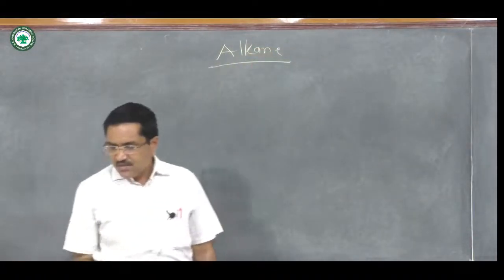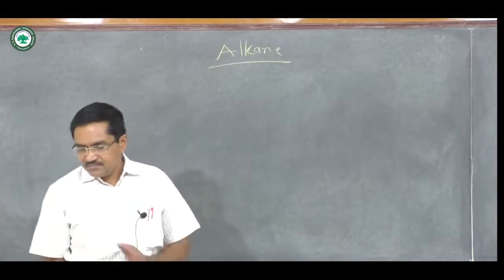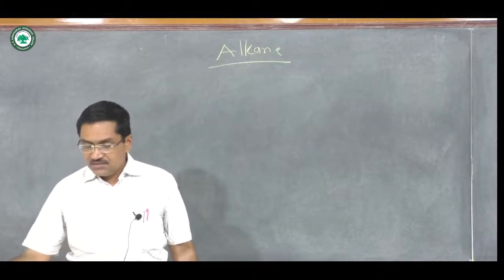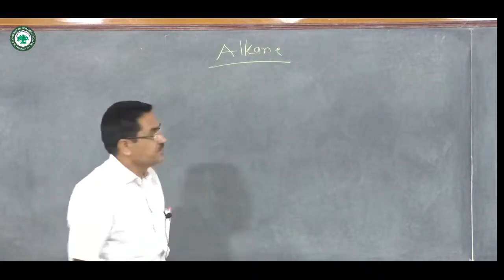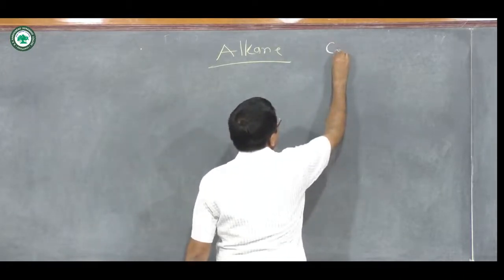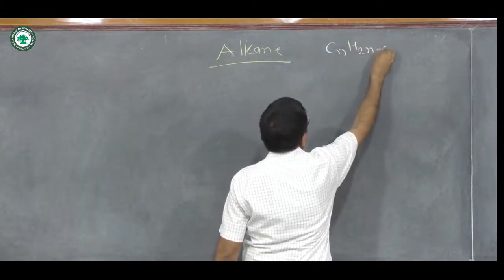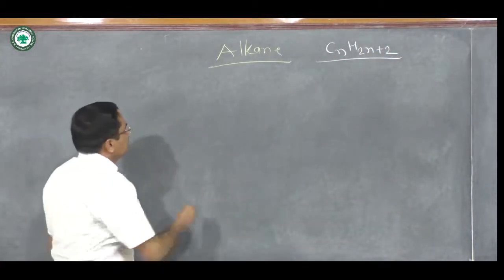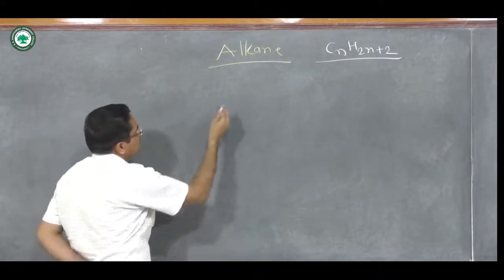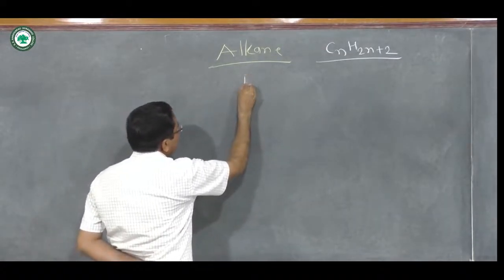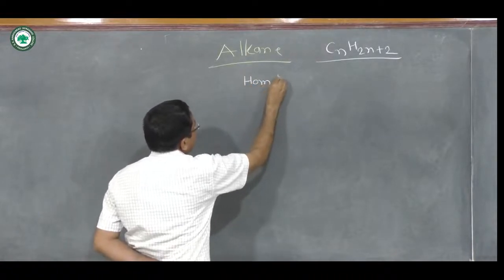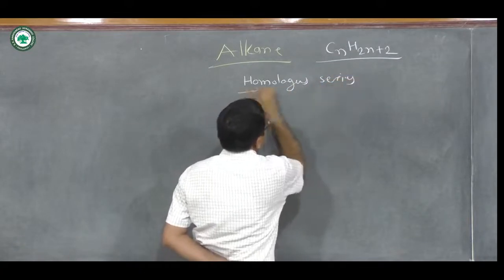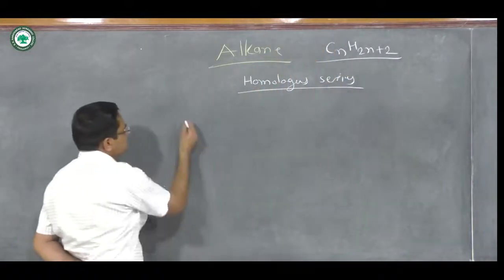Alkane is the saturated aliphatic hydrocarbon and the general formula is CnH2n+2. And from this formula we have the homologous series, we will discuss this.